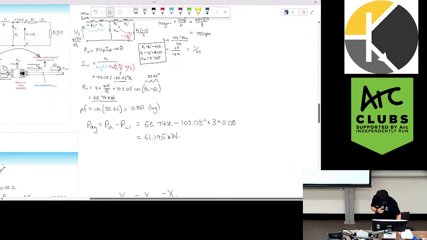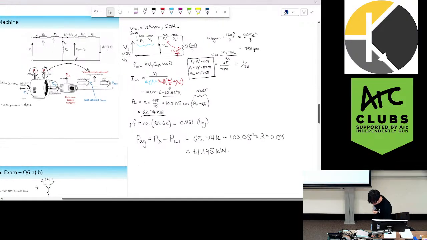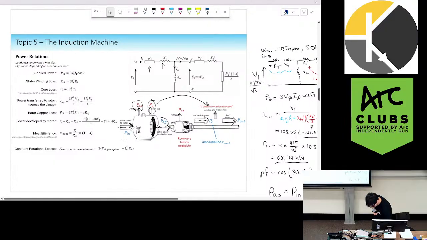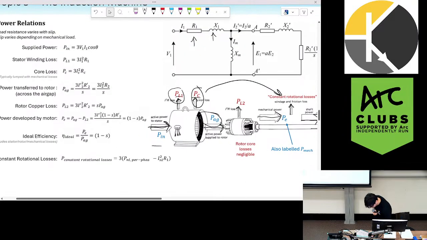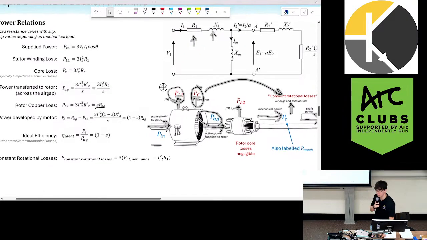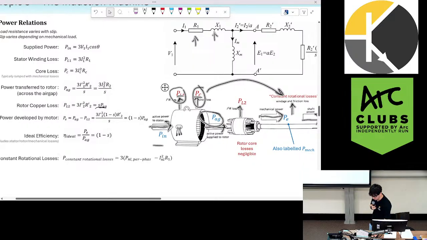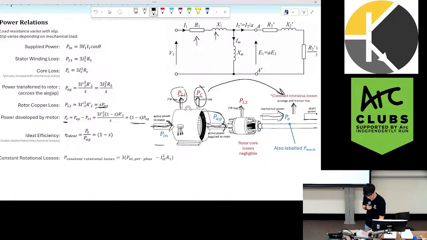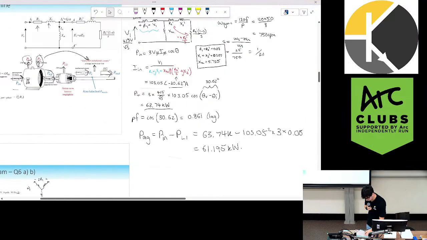Next, to find the losses in the rotor resistance, I'm just going to use the formula that we're given. So rotor copper losses is S times the air gap power. We know S and we know the air gap power. And I'm also going to find the developed power while we're at it, which is 1 minus S times the air gap power. So let's do that.